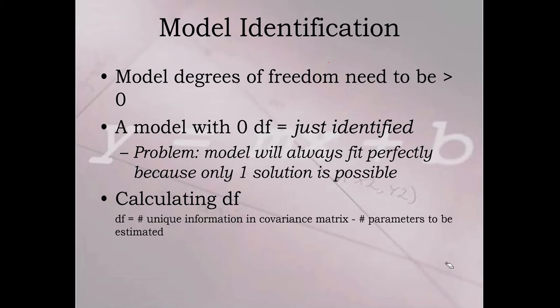But as soon as you move away from path analysis with only the measured variables as predictors and criterion variables in your model, then when you add the latent factors, you buy yourself a ton of degrees of freedom.